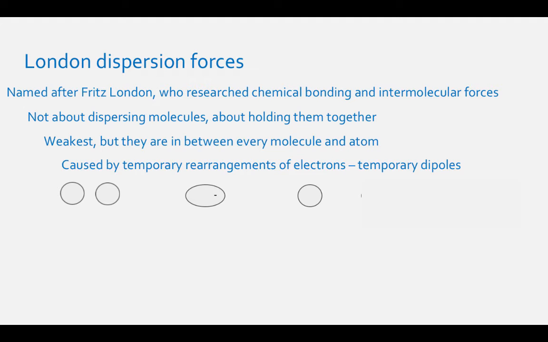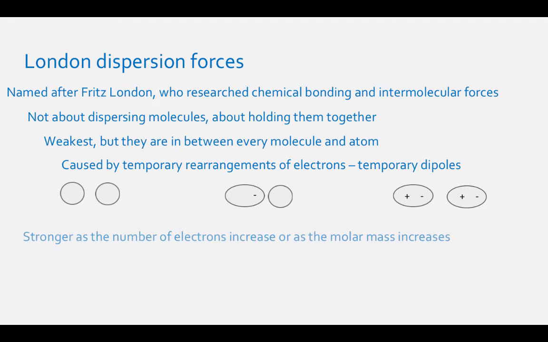Then the more negative side of the molecule or atom can cause another molecule or atom to also rearrange its electrons. So one atom's negative electrons are attracted to another atom's positive nucleus. The strength of the London dispersion forces increase as the number of electrons increase, because they are more likely to be distributed unevenly or polarized.